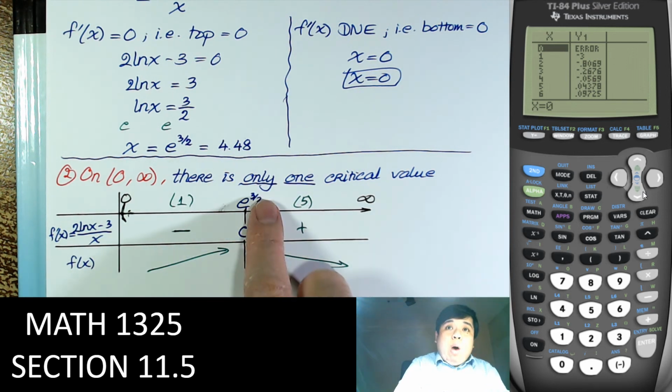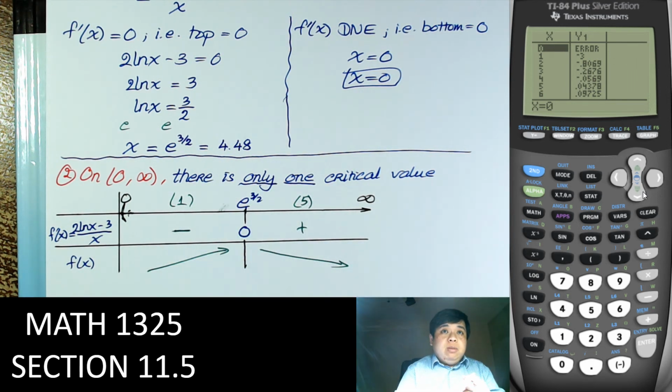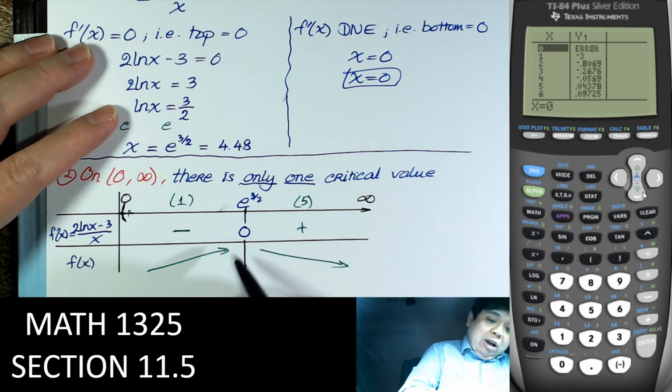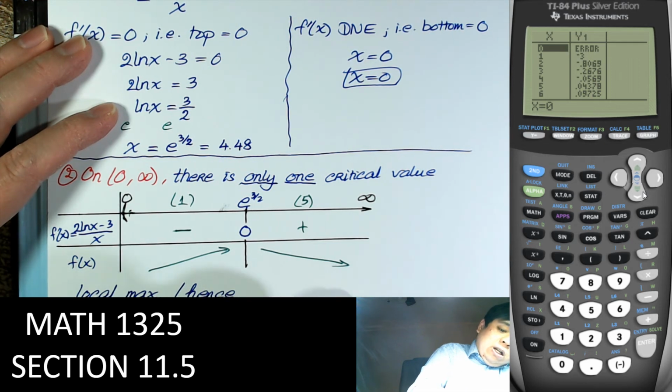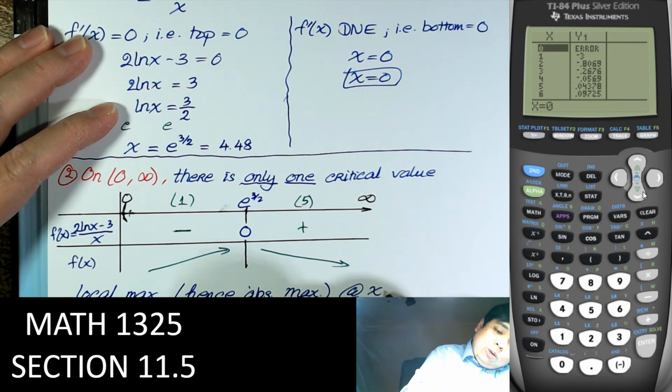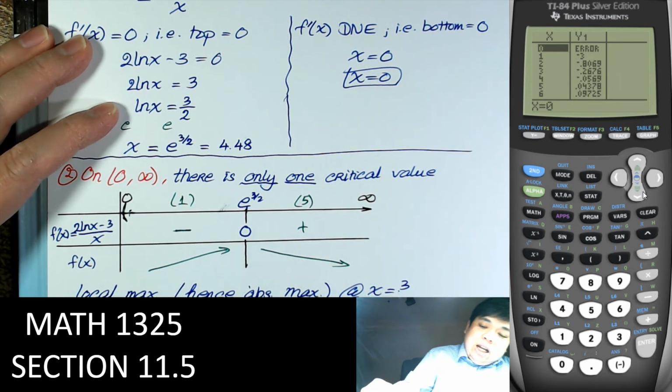If there's only one critical value, that local maximum or local minimum will also be the absolute maximum or absolute minimum, right? So here we have local max, and therefore absolute max at x equal to e to the 3/2.